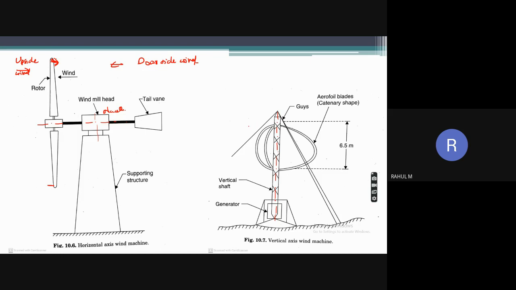So the advantage of this one is that the entire system, like the nacelle system, that is the generator and all those things, is arranged at the bottom. So the maintenance of this one is very simple and can be done very easily compared to this one.